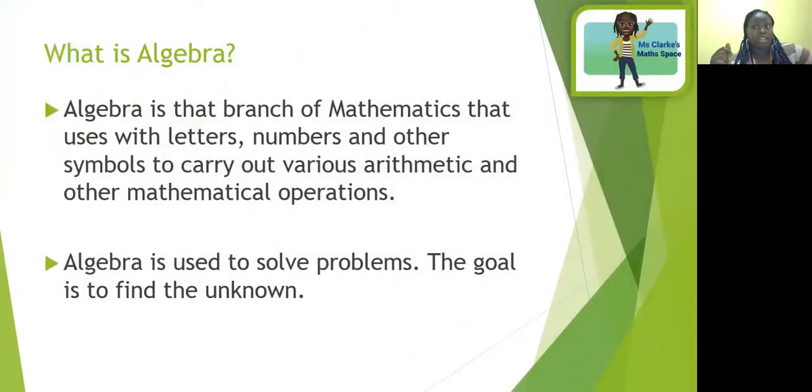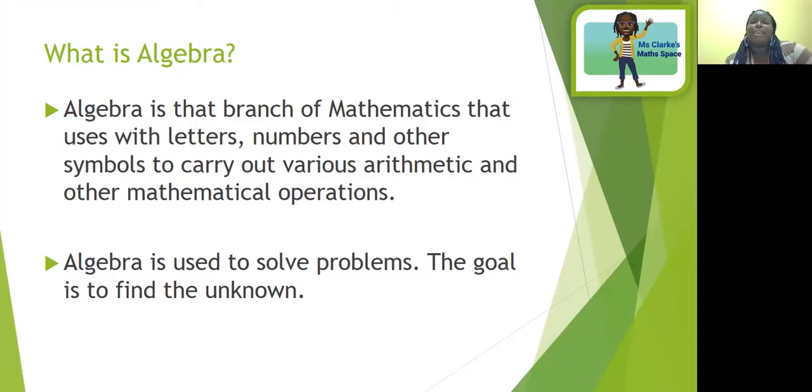What is algebra? Like really, what is algebra? Let me give you the textbook definition. Algebra is that branch of mathematics that uses symbols, letters, numbers, etc. to carry out various arithmetic and other mathematical operations like addition, multiplication, division, finding square roots, logs, all kinds of things.